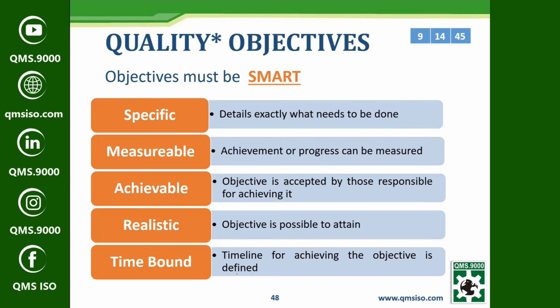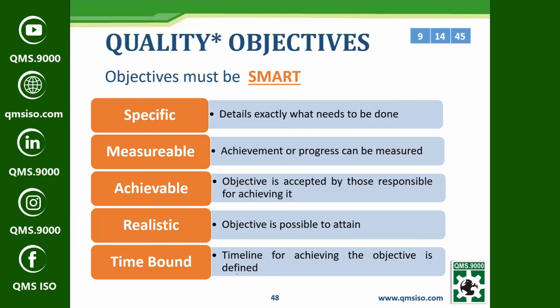If you are developing objectives for your HSE department, for your accounts department, for your purchase department, they have to be very specific to those areas. It is not general that you have just developed the objectives in general. So they have to be specific.